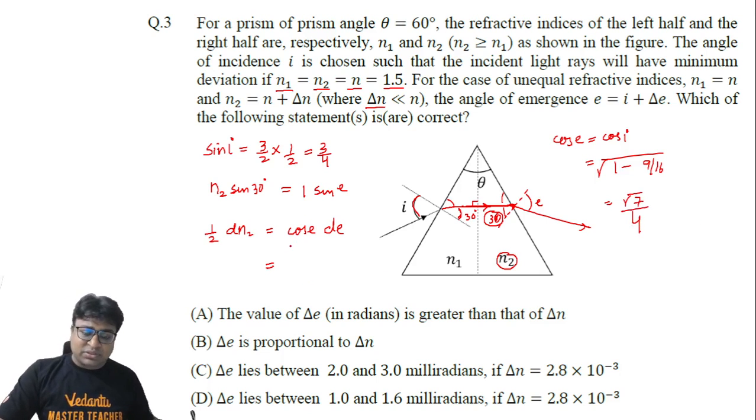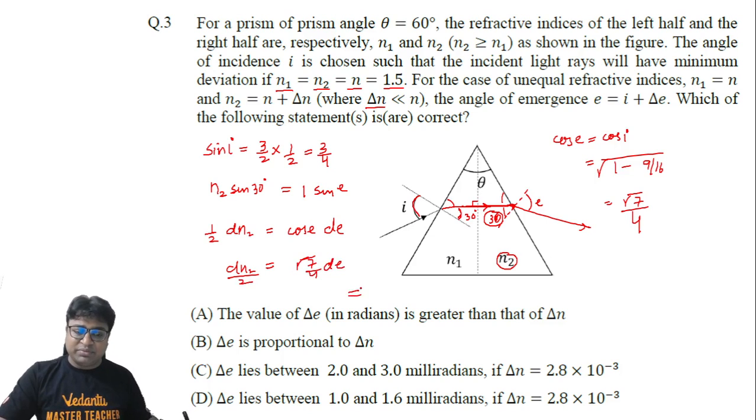Okay, so we can now say that dn2 by 2 is equal to root 7 by 4 into dE, which basically means that dn2 is equal to root 7 by 2 into dE.